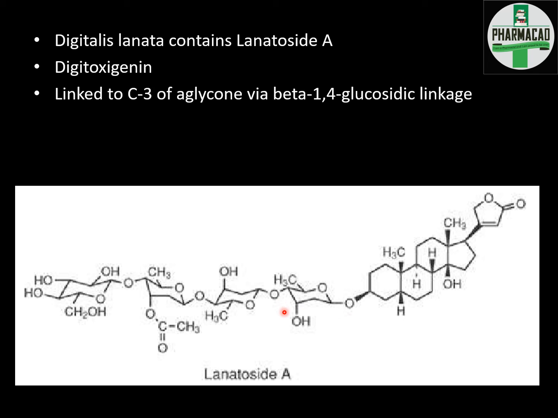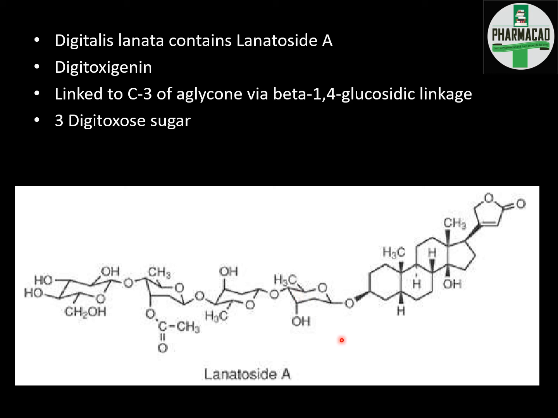These sugars in the cardiac glycosides are connected with each other through beta 1,4 glycosidic linkage. Why 1,4? Because the first carbon of the sugar is connected to the fourth carbon of another sugar. So beta 1,4 glycosidic linkage.